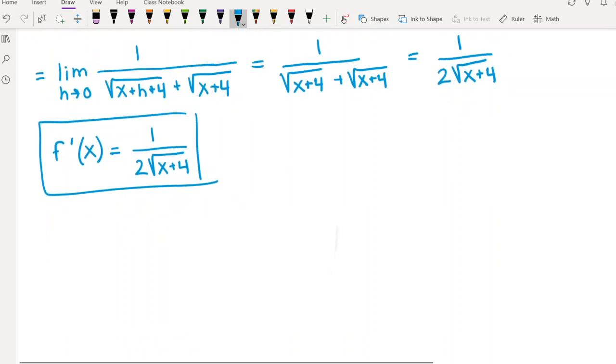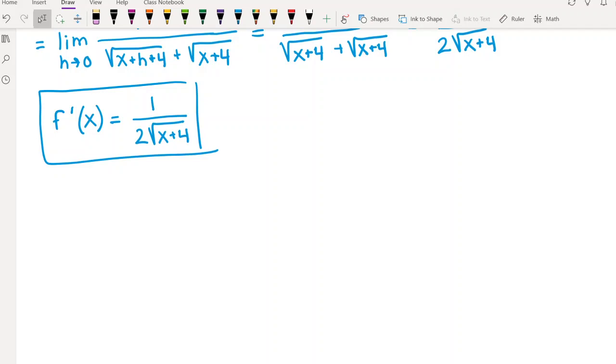So now if we want to find the slope of the tangent line at x is equal to 2, we can just plug 2 in, and you don't need to go back and use the limit definition again. Now we can just plug directly into the derivative that we have. So f prime of 2 is going to be 1 over 2 times the square root of 6. And that is a positive number.